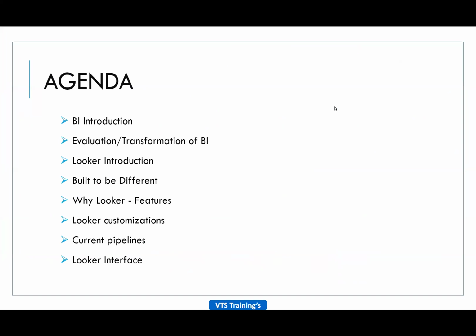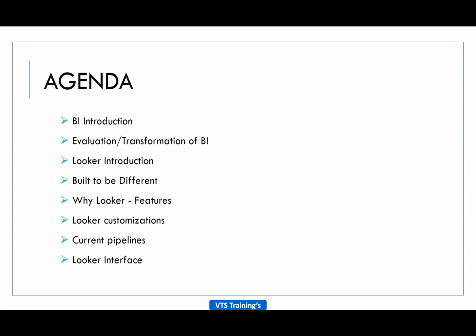So the agenda of today's training is the BA introduction, the evolution or transformation of BA from our monoliths to our modern BA. From olden days, how was the BA ecosystem and how has it evolved to the current BA platform. Then Looker introduction, how it is built with a different architecture compared to other BA tools.